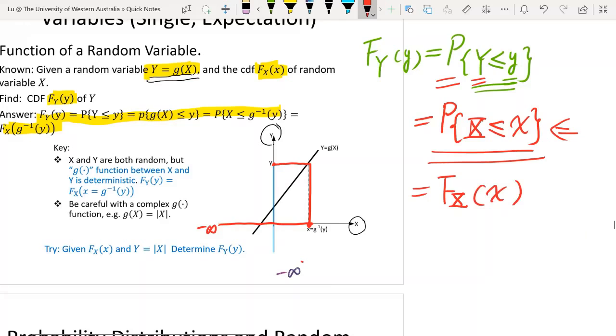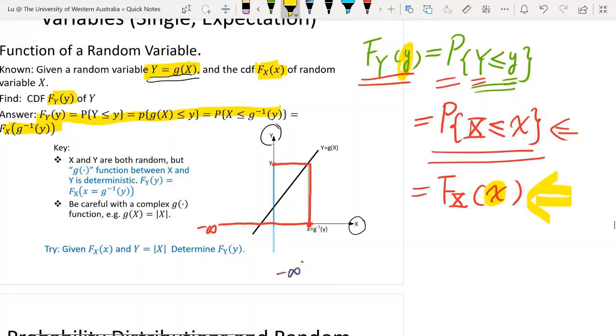So in other words, so far we can say the CDF function of Y is equal to the CDF function of X. You need to notice that this result is not good enough, because you want to solve for the CDF function of Y. In this calculation, the lower-case y is used as a parameter. But up to this step, you don't have this parameter y here. Instead, you are using the parameter x.